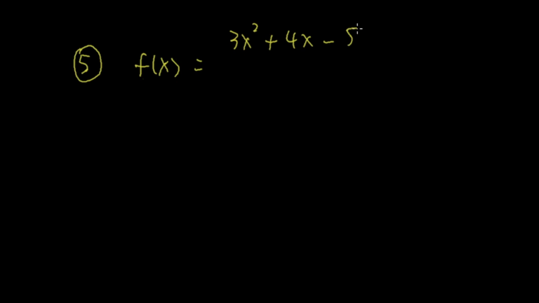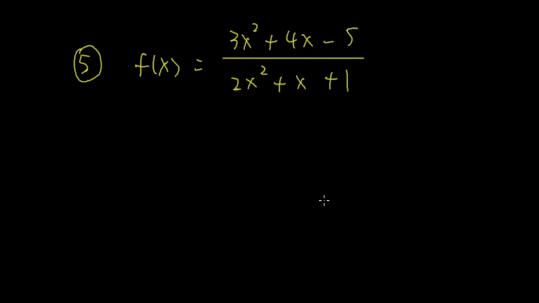Example number 5. Say f of x is equal to 3x squared plus 4x minus 5 divided by 2x squared plus x plus 1.